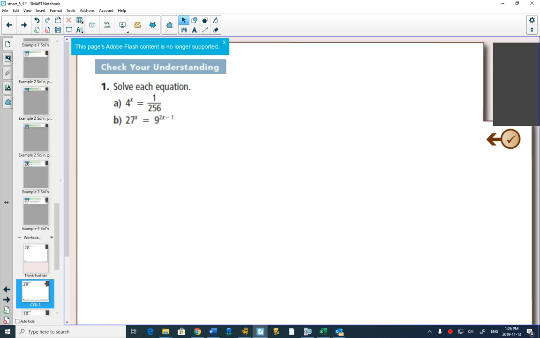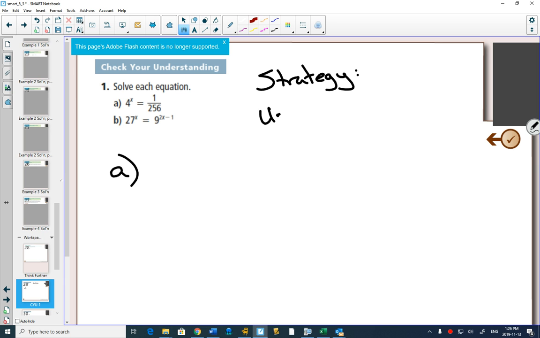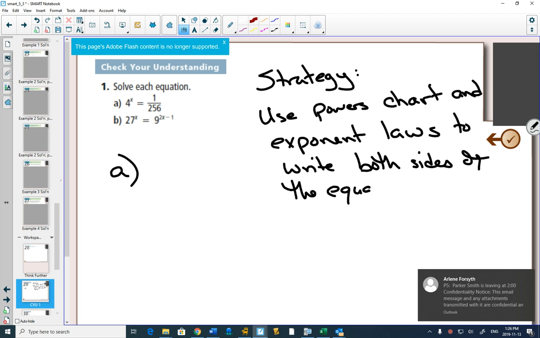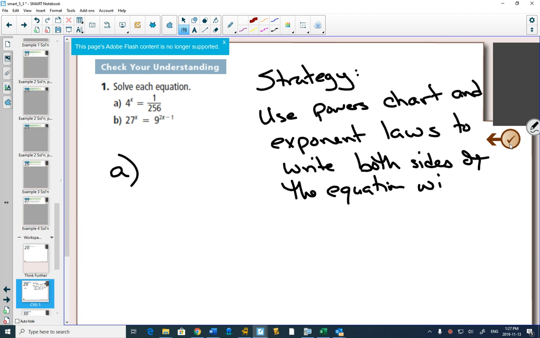For part A, we're going to use our powers chart and our exponent laws to write both sides of the equation with the same base.